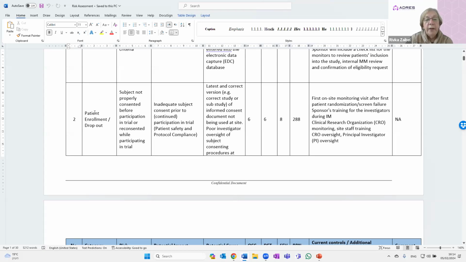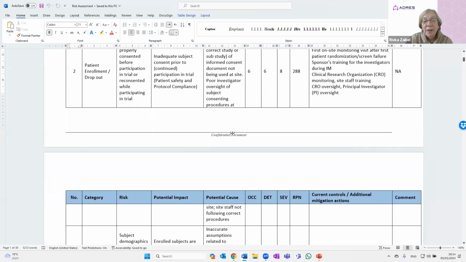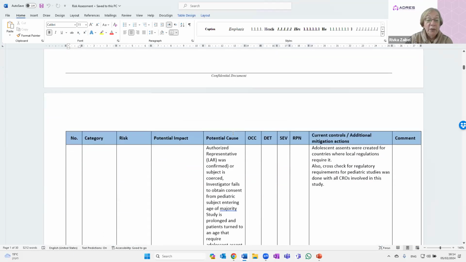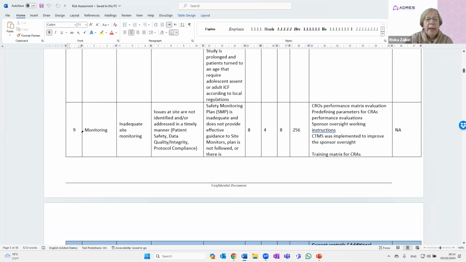I think that it's not patient enrollment, but the IE as well. Something happened when I saved this document. Sorry for that. I will go to another one.